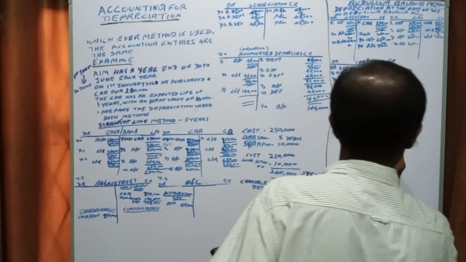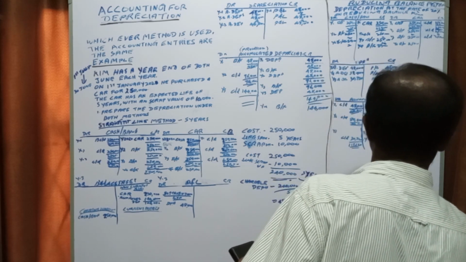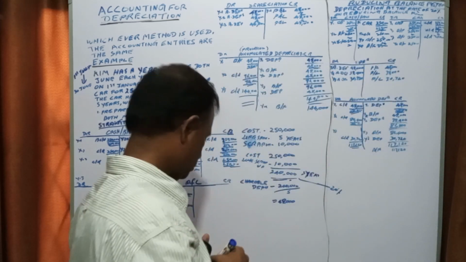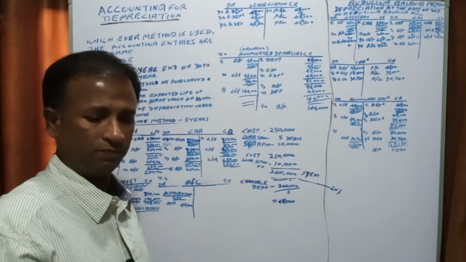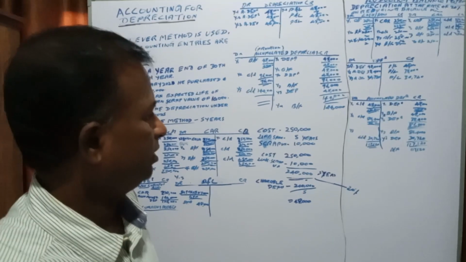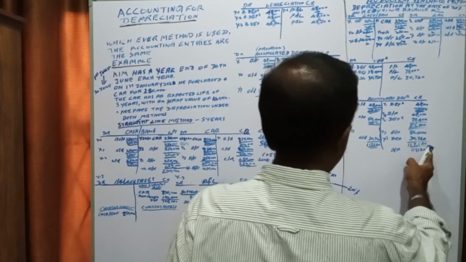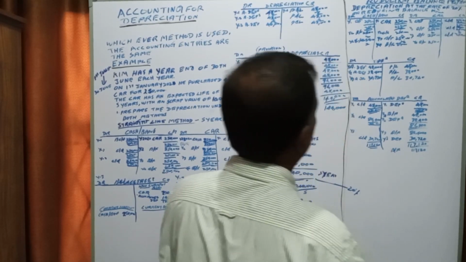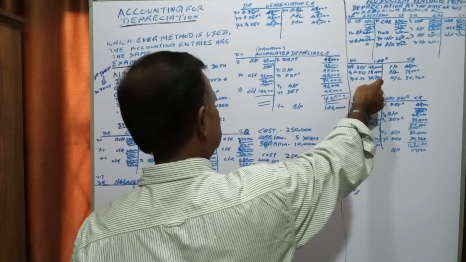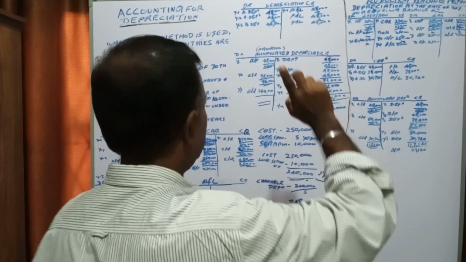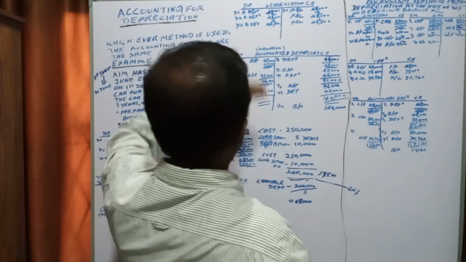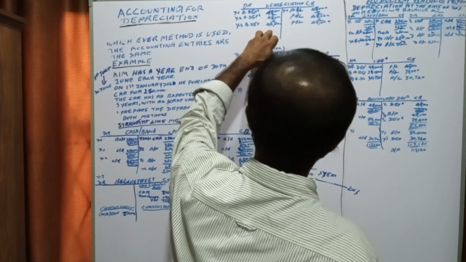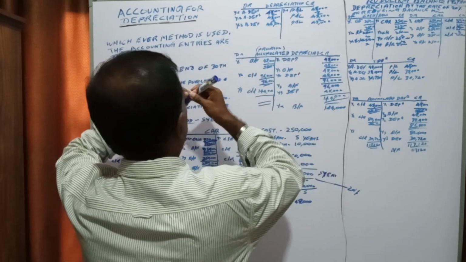117,120 brought forward. Okay, here in the third year the accumulated depreciation comes to 117,120, and depreciation for the year is 30,720, whereas under the straight line method, 48,000 accumulated in the year of 3.